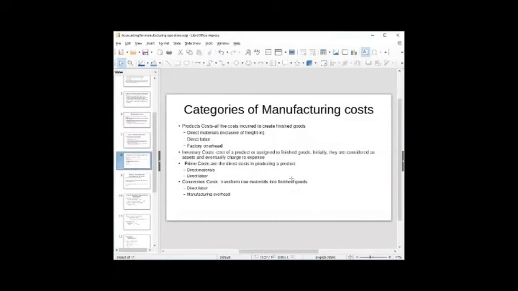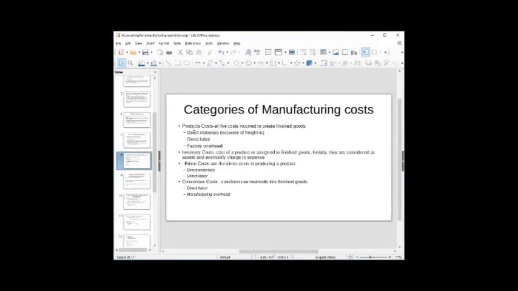There are different categories of the manufacturing costs. As I have said, manufacturing costs are the direct materials, direct labor, and the manufacturing overhead or factory overhead. Now, these three can be categorized in the following.